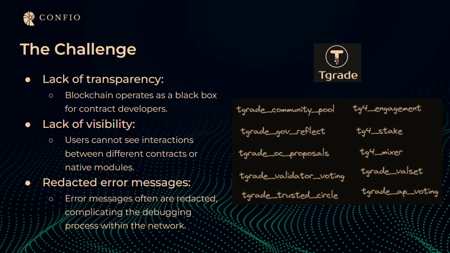So we ended up with more than 10 contracts talking to each other and talking to some modules, so that at some point it was really difficult to debug these contracts, because it was not easy to understand how the contracts talk to the modules, how the contracts interact with each other, and last but not least, redacted error messages that made our life very hard, because often it was difficult to understand what was happening behind the scenes.